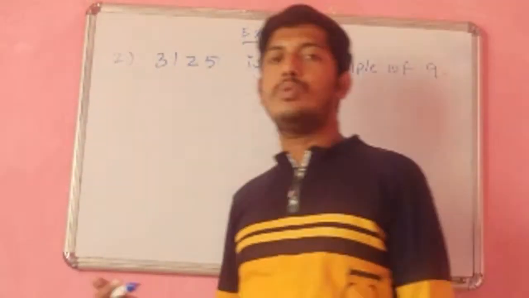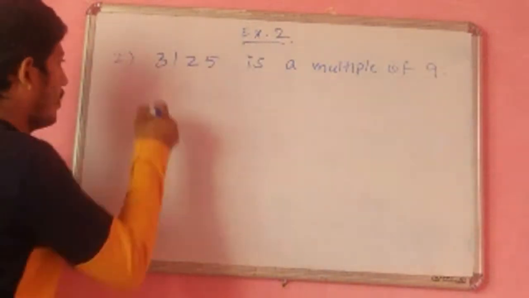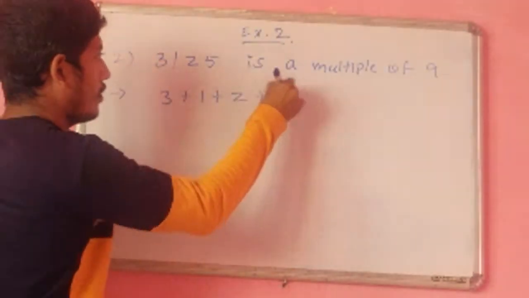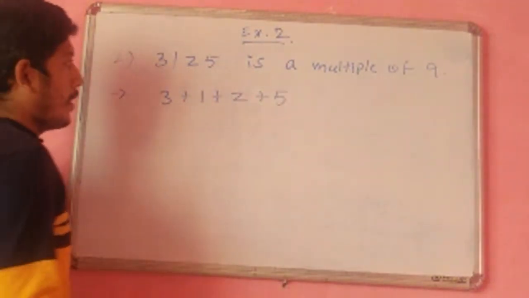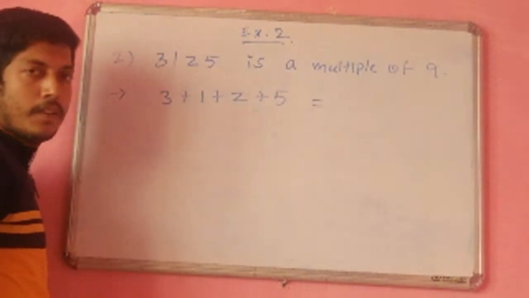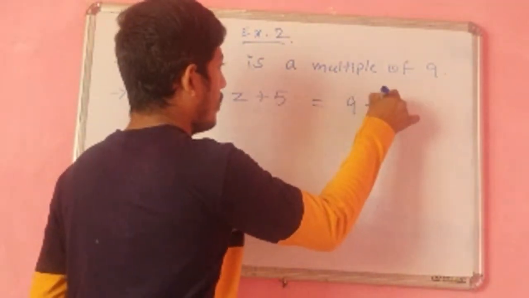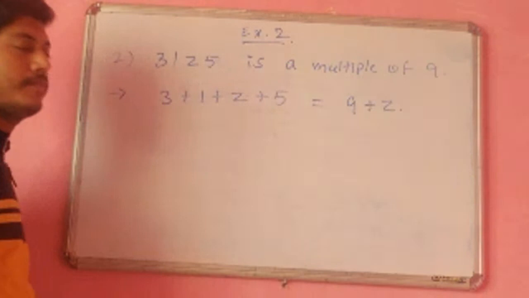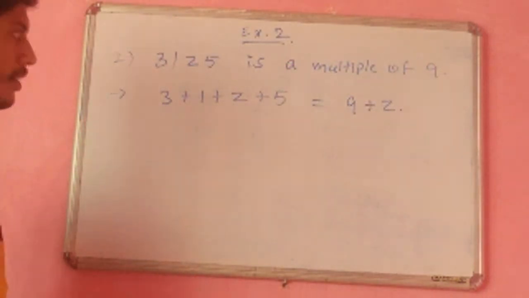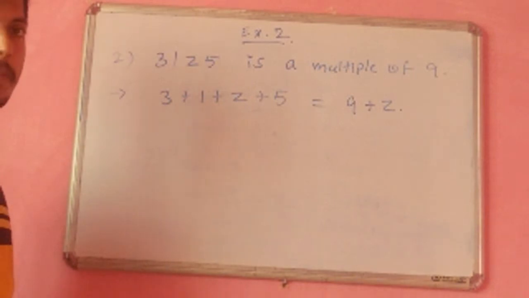Again we have to add the values. 3 plus 1 plus z plus 5. It becomes 3 plus 1 is 4, 4 plus 5 is 9, plus z, 9 plus z. So which number do we have to add?